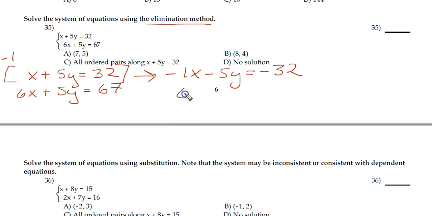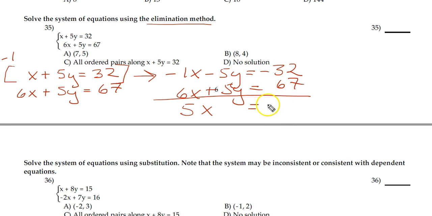So this is 6x plus 5y equals 67. Now when we put our line, adding this up, we get 5x equals 35. Divide both sides by the coefficient of x, we get x equals 7.